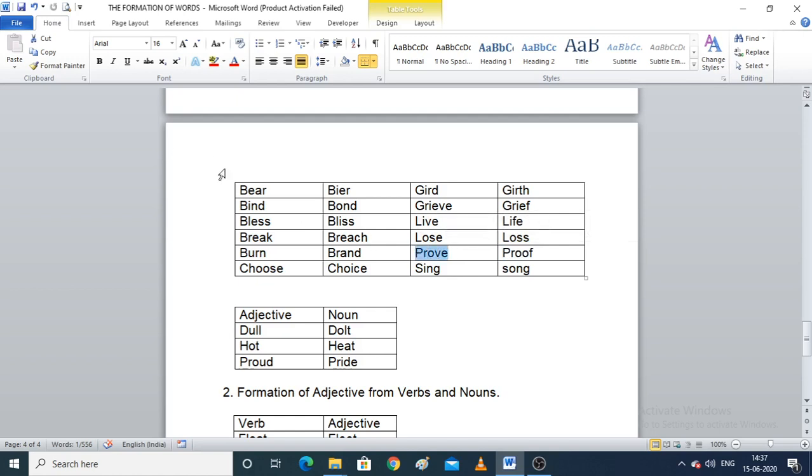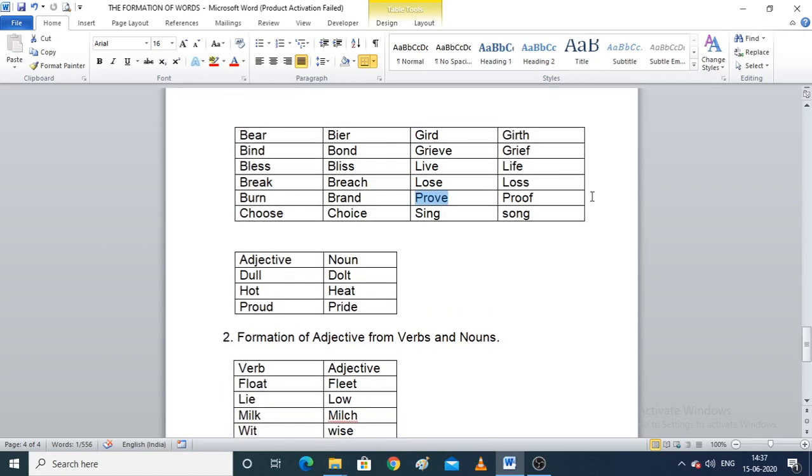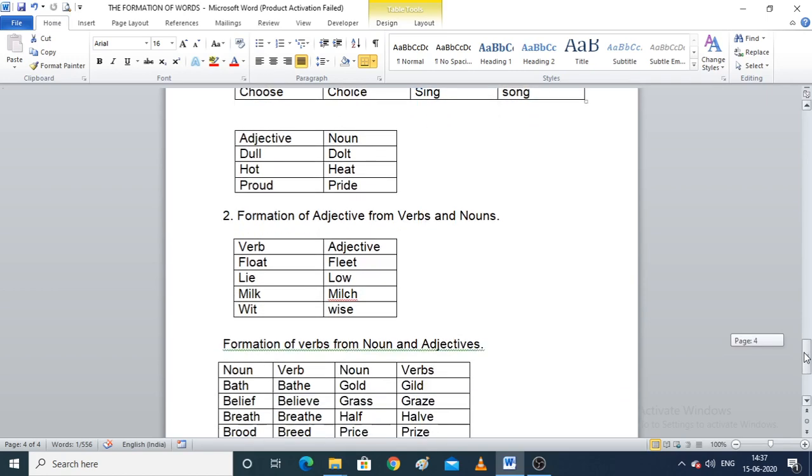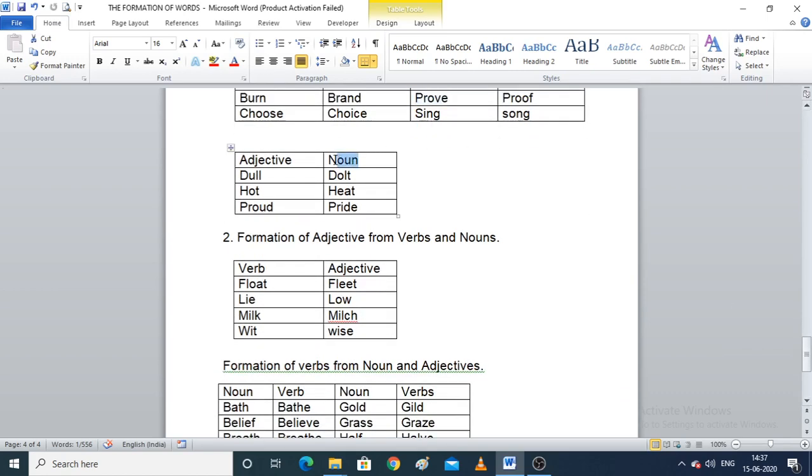I want you all to read all these examples to know which nouns are derived from which verb. Now see this, a few nouns are derived from adjectives also. The noun dolt is derived from the adjective dull. Heat is derived from hot. Pride is derived from proud.